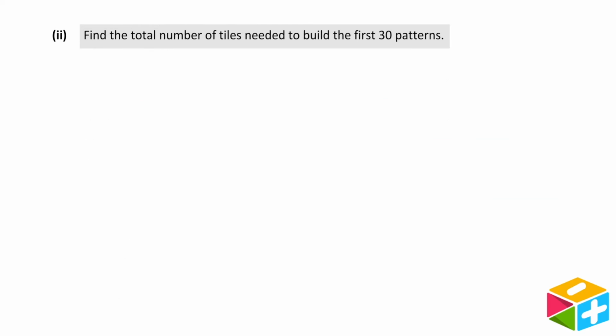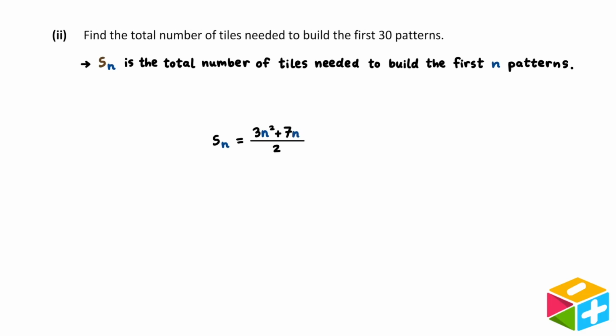In the next part of the question, we must find the total number of tiles needed to build the first 30 patterns. In the previous part of the question, we found that Sn is equal to 3n squared plus 7n all over 2.